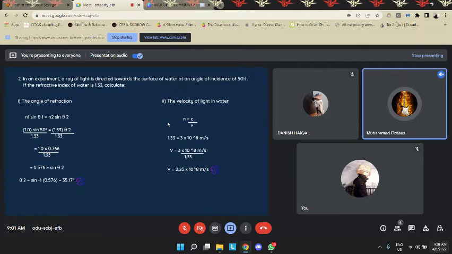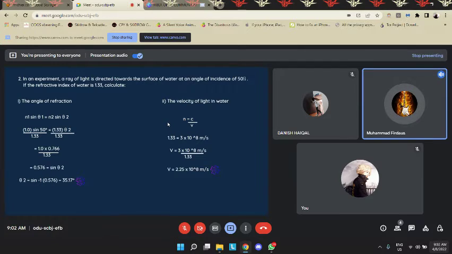So we got 0.576 for sin theta 2. To get theta 2, we must do sin negative 1 of 0.576. So the final answer is 35.17 degrees.